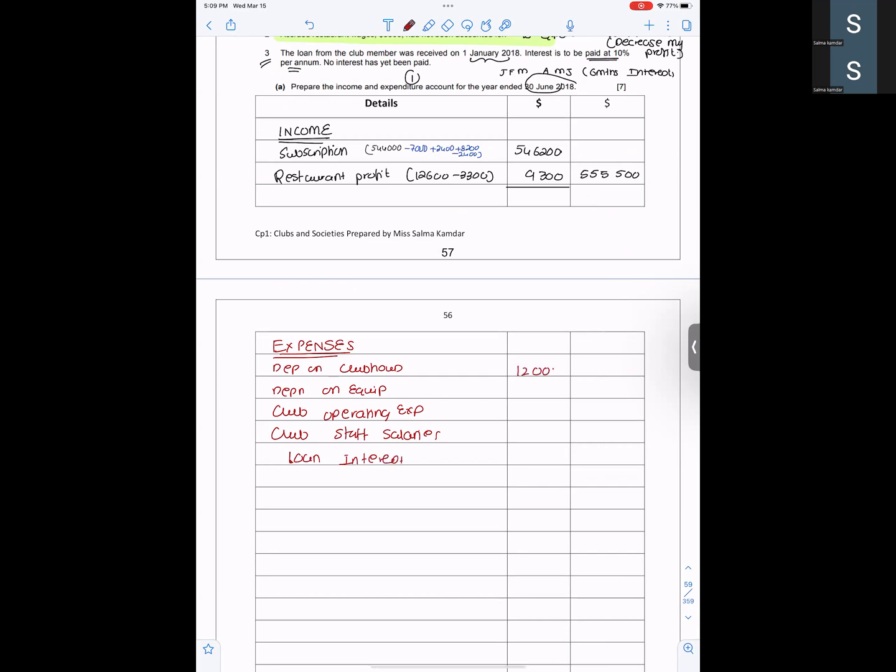Whatever you got, subtract the expenses and arrive at surplus or deficit. Total expenses is 541,900. We'll minus it from the income. I'm getting a surplus of 13,600.